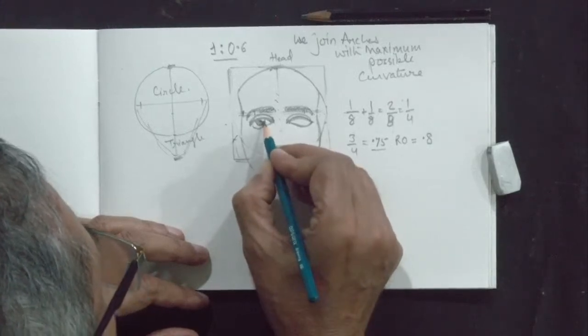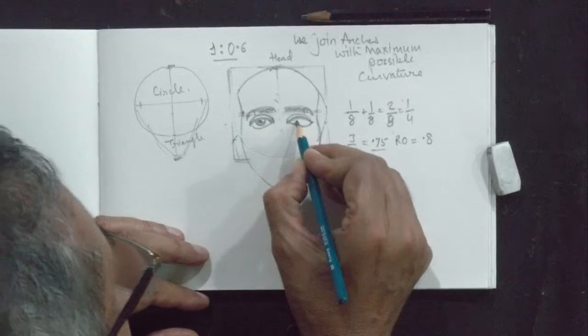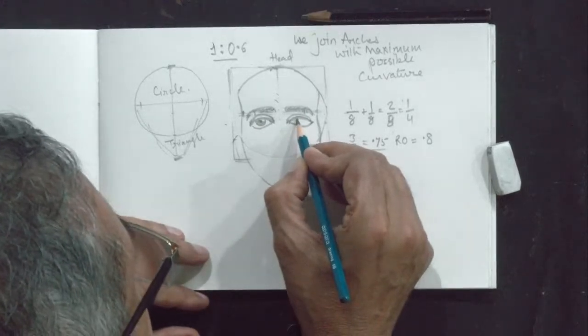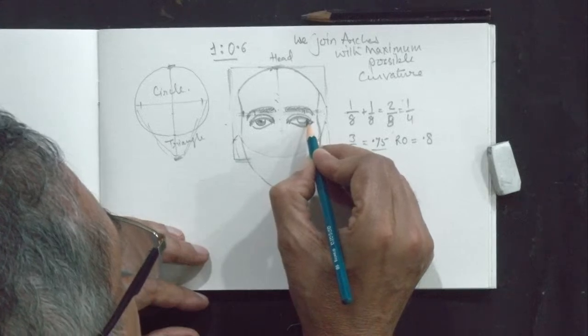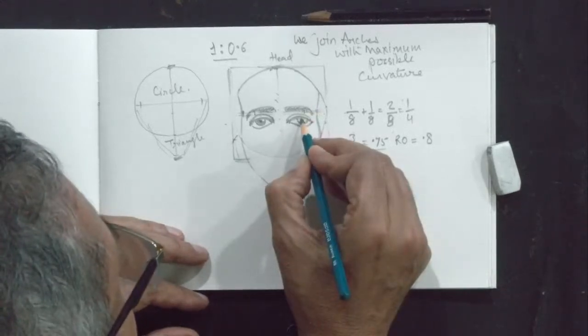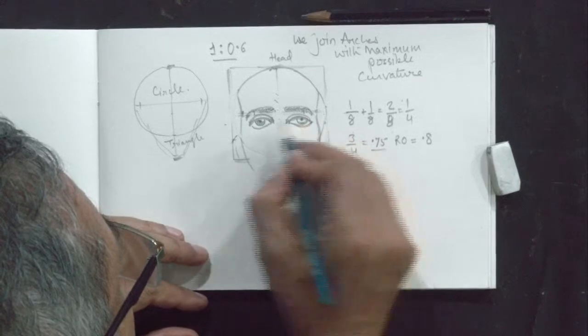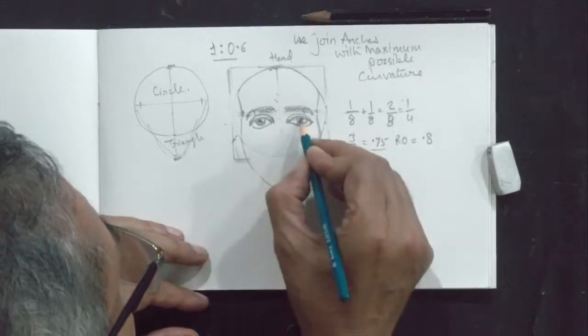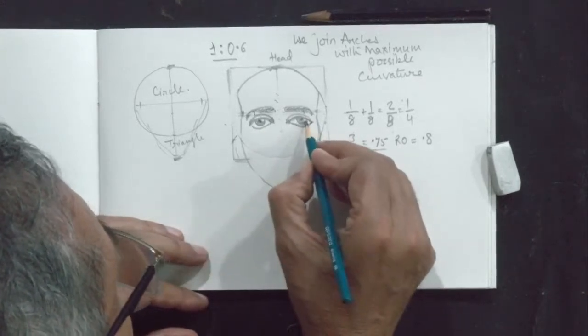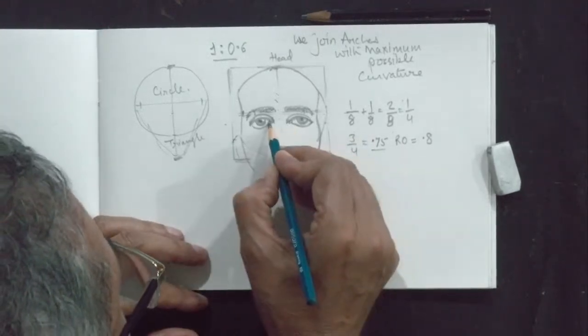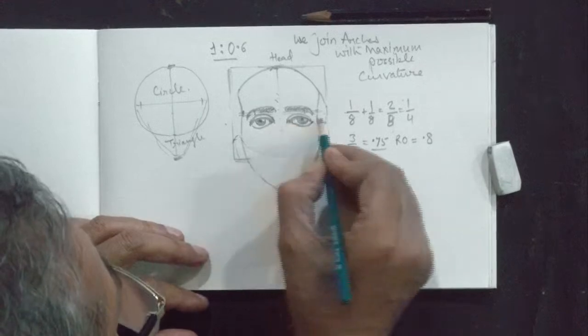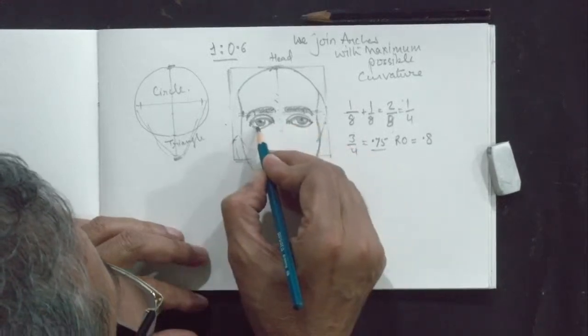Leave a little light here. The distance between two eyes is equal to the size of one eye.